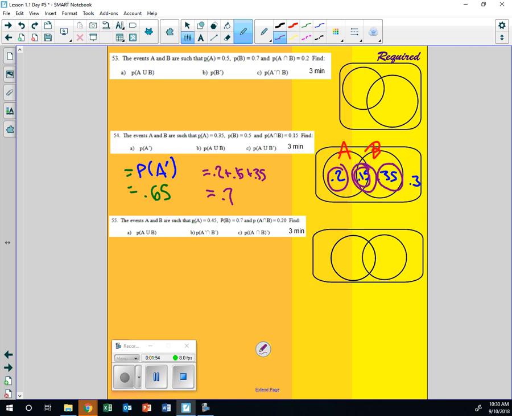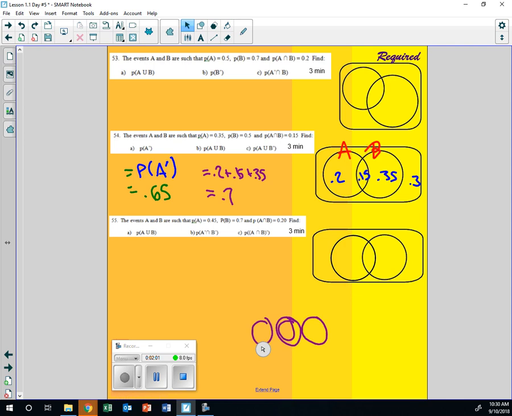Then this last one, let's get the circles out. The probability of A, here's the probability of A, here's the probability of not B. We're going to look at the union, so they're either circled green, blue, or both.